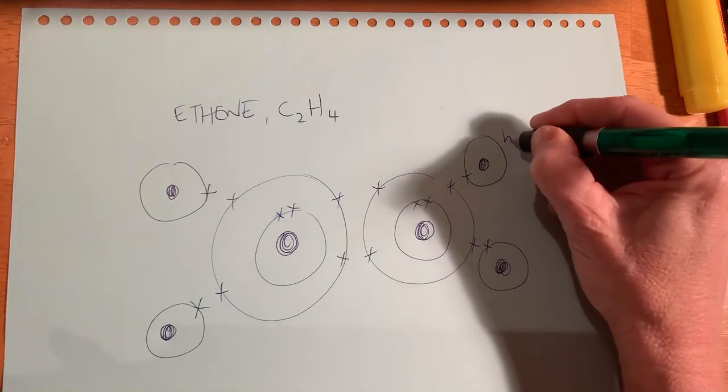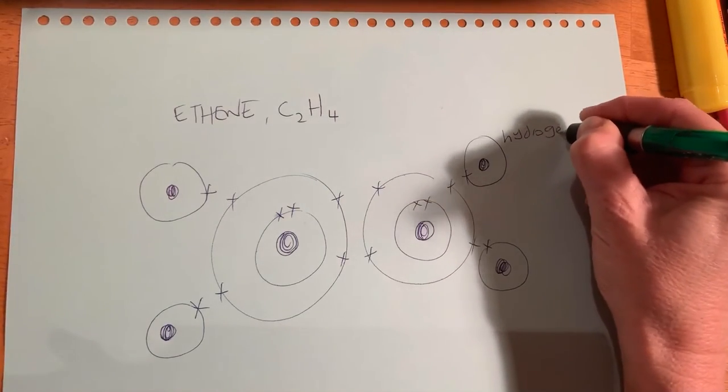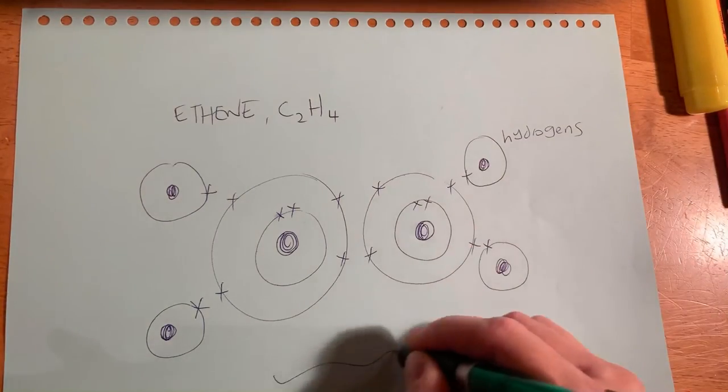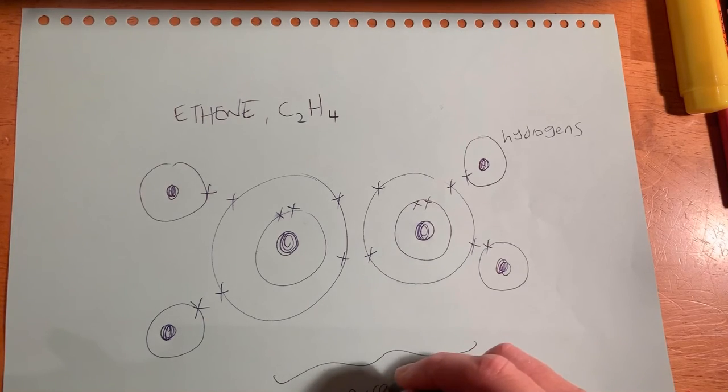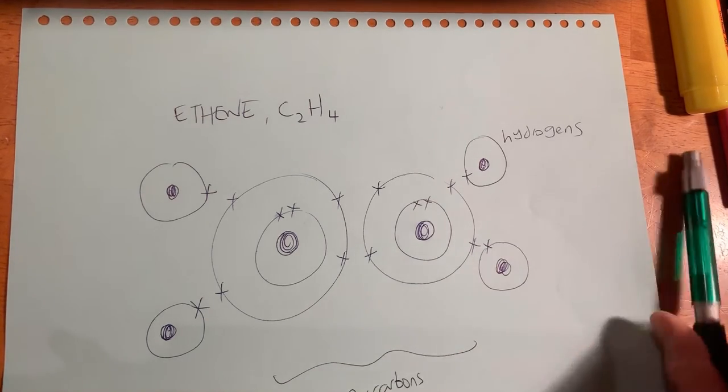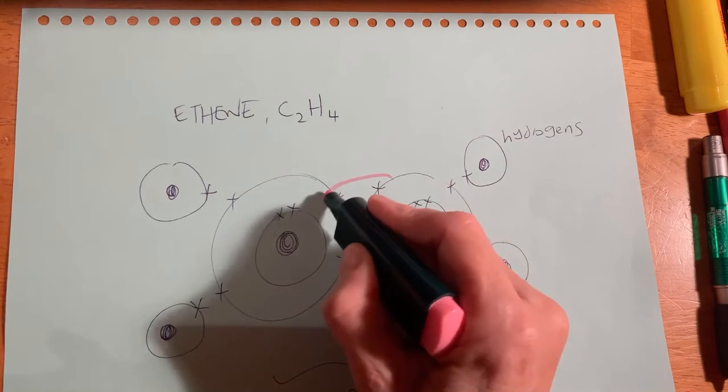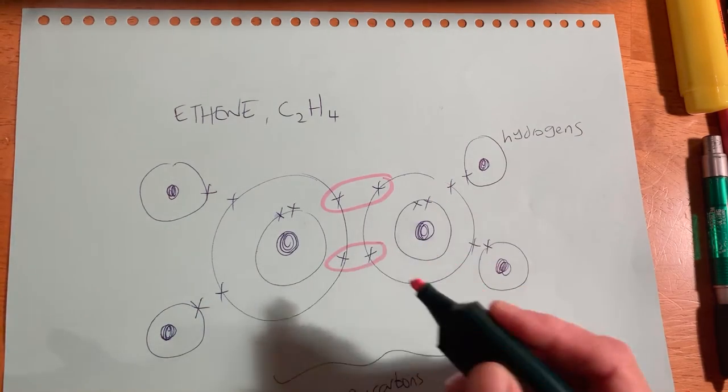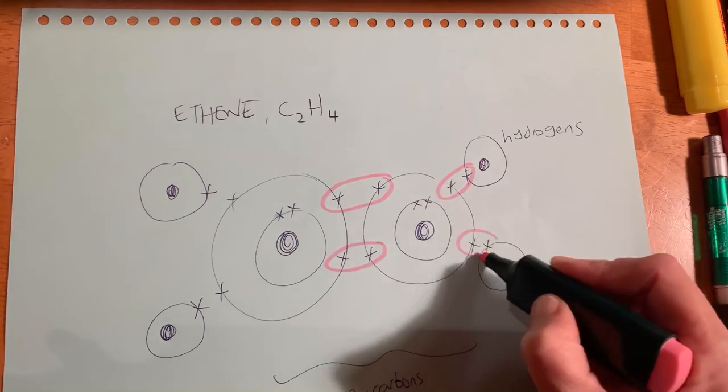So these are your hydrogens. And here we've got our 2 carbons. So there's a whole lot of sharing going on here. So there's your double bond of your alkene.